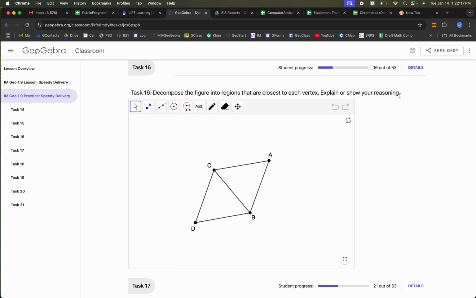So what you're doing here is you're imagining that A, B, C, and D are pizza shops, and you need to come up with the borders between all the territories. Now, you won't be able to color them in like we did before, but you have to create all of the borders for that scenario if you have these 4 pizza shops. Okay?